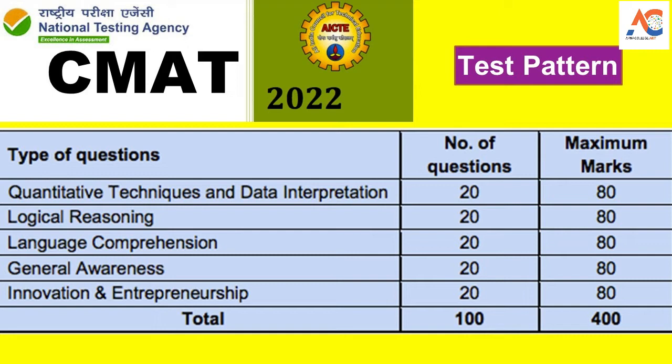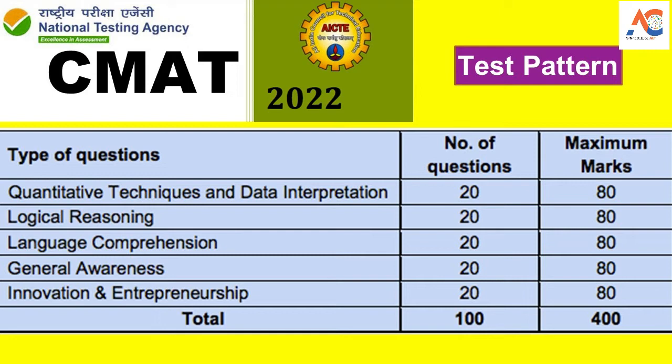The second section comprises logical reasoning questions, which will again be 20 in number, and the maximum marks allotted to this section is 80. In the language comprehension section, that is the third section, there will be 20 questions with maximum marks 80. The next section will be general awareness, where again there will be 20 questions and maximum marks of 80.